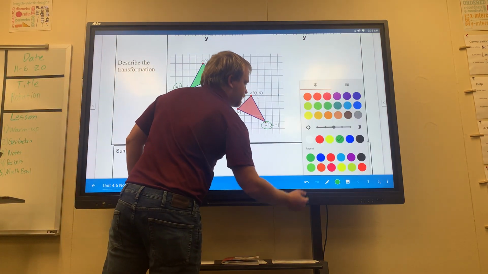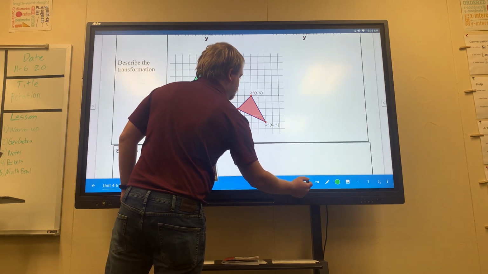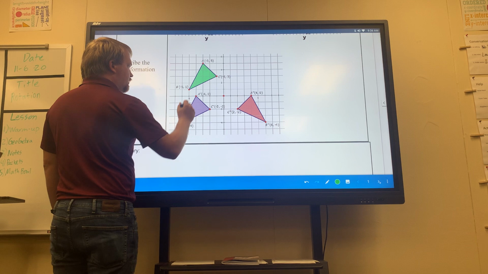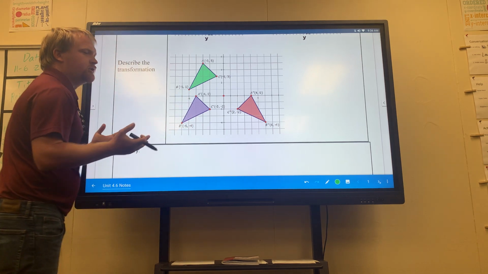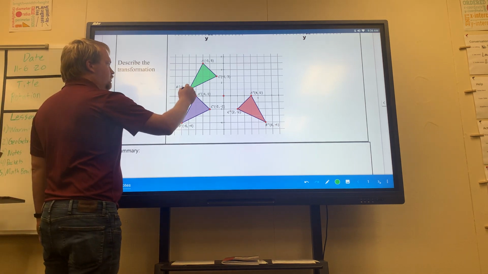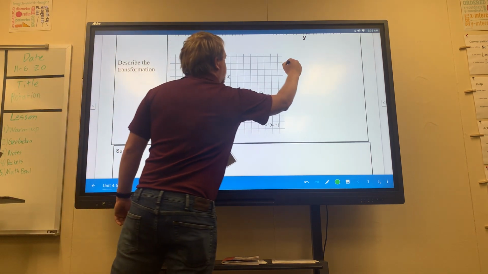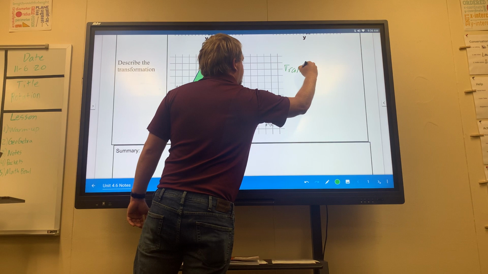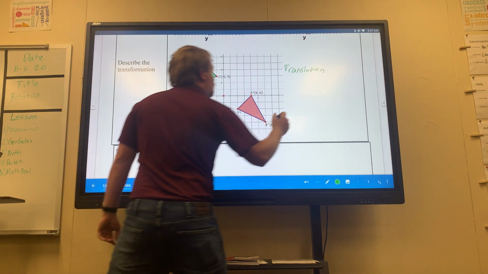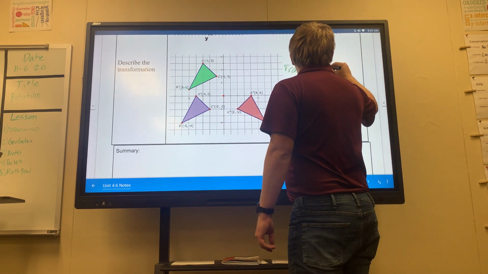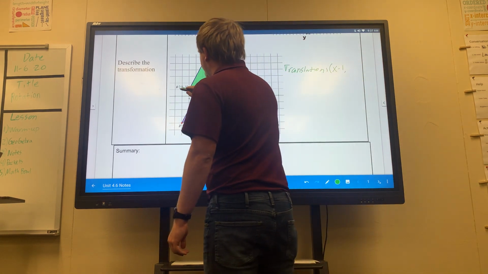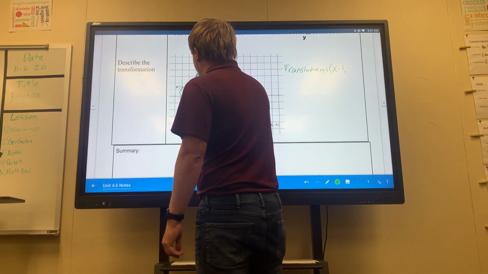First, I want to go from here to here, which looks like a translation because it's the same direction. I'm going 1 unit to the left, so it's a translation where x minus 1. Then I go down 1, 2, 3, 4, 5.